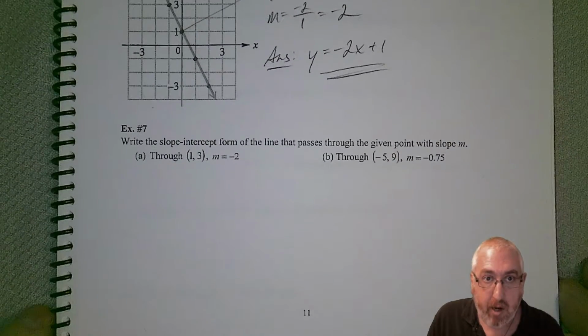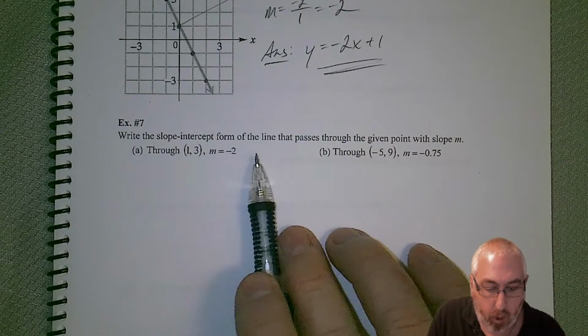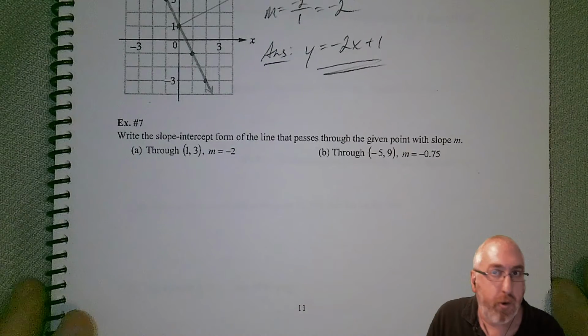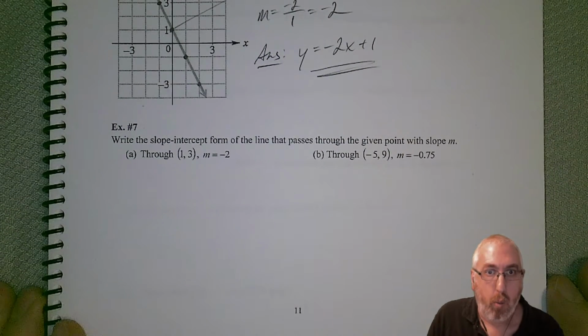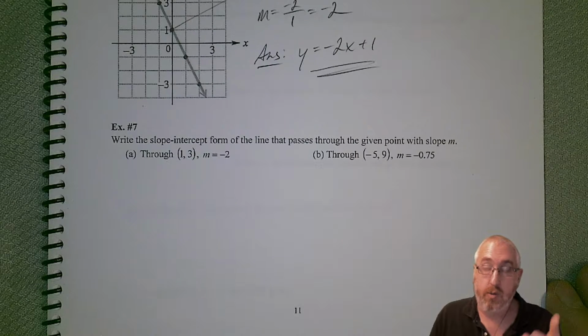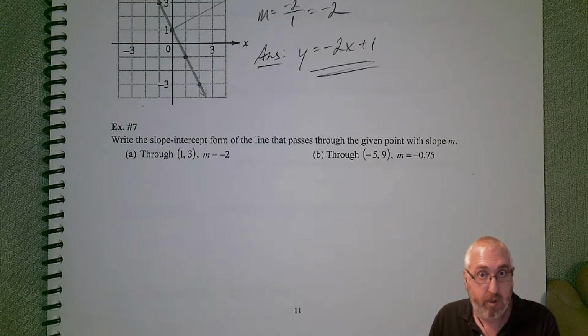Now this next application wants you to find the slope-intercept form of the line that passes through the point with the given slope. I'm going to show you a couple of ways to do this. One way is to use some of those forms that we've learned so far. So we have that point-slope form, and we also have the slope-intercept form.